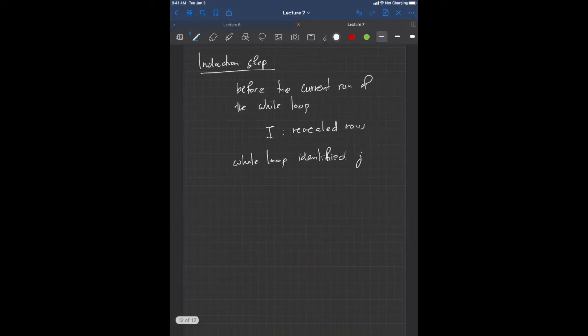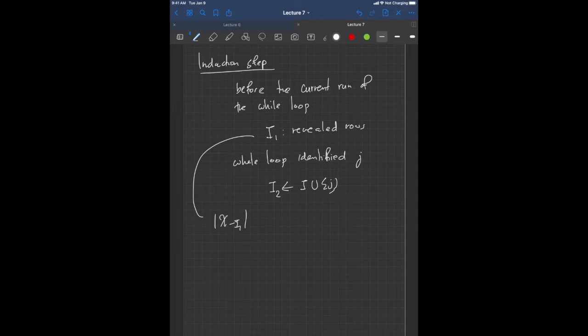So what happens once j is identified? I becomes I union j. At the beginning, by induction, we know that the invariant is true. So we know that the cardinality of x minus I. There are two I's here, so let's call them I1 and I2. I1 is the set of revealed rows at the beginning of the loop.